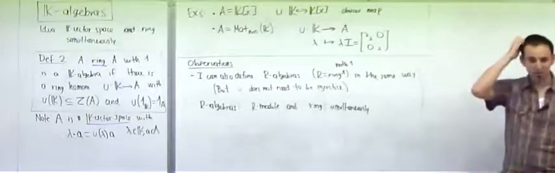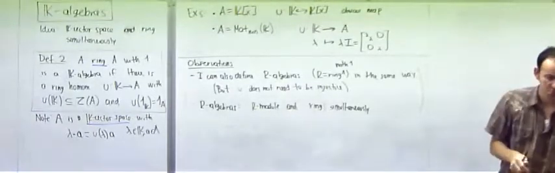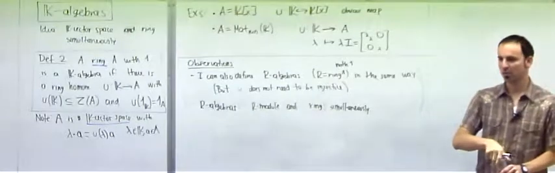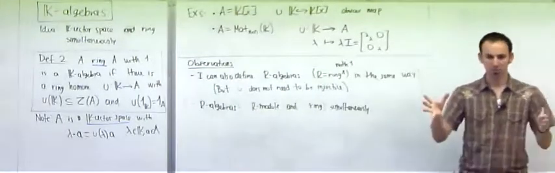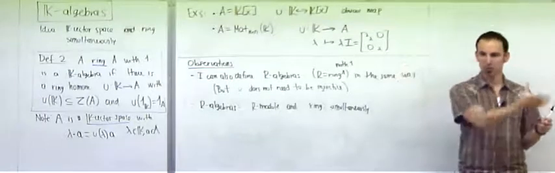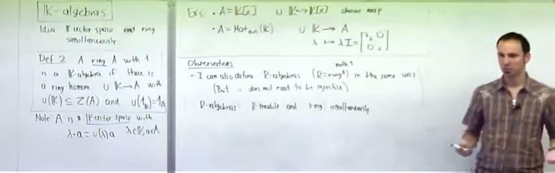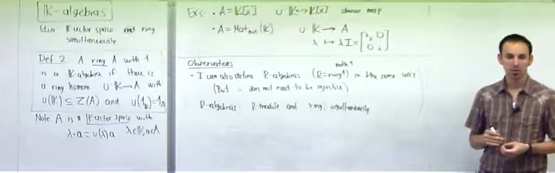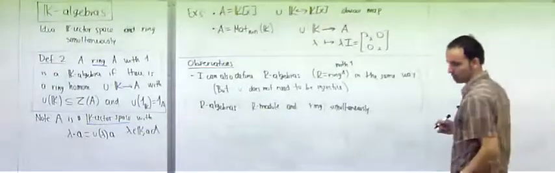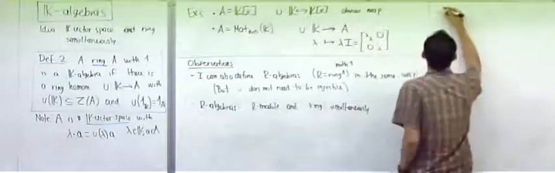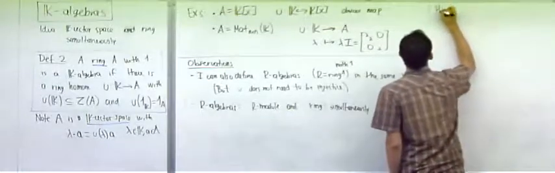In mathematics, it is always very useful to remember that you don't just want to think about objects, you want to think about how they're related, right? You don't want to think about individual objects, you want to think about how you map one object to another object. So we want a notion of homomorphism of algebras. So what is that?